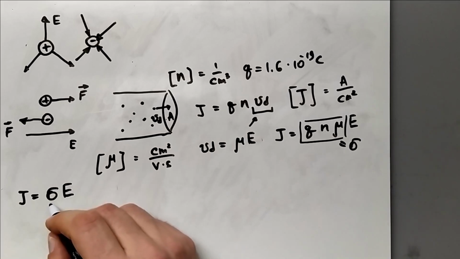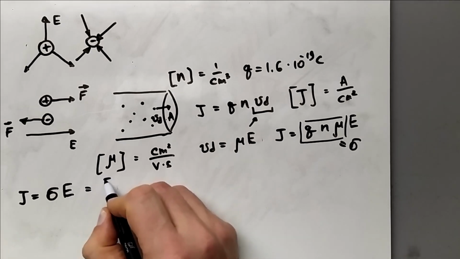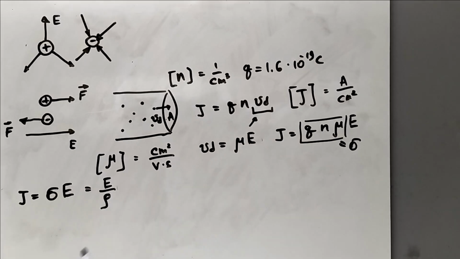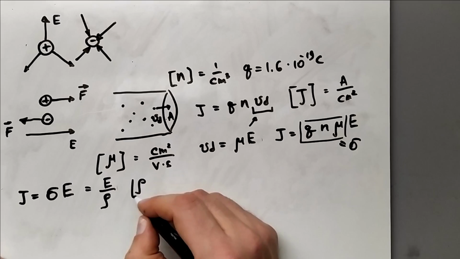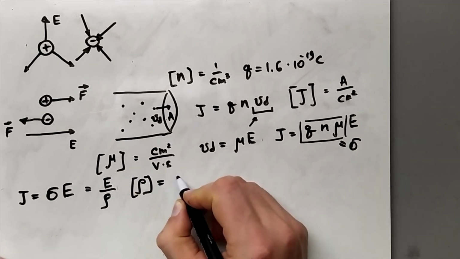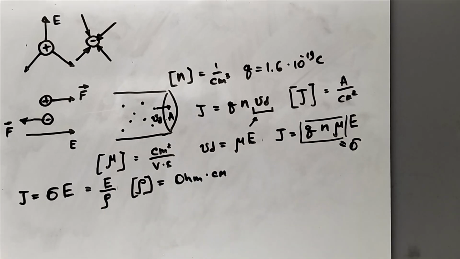And that is our sigma. This is the specific electrical conductivity, sigma, and we can represent it also as one divided by rho, which is the specific electrical resistance. Specific electrical resistivity is represented in units of ohm times centimeter.